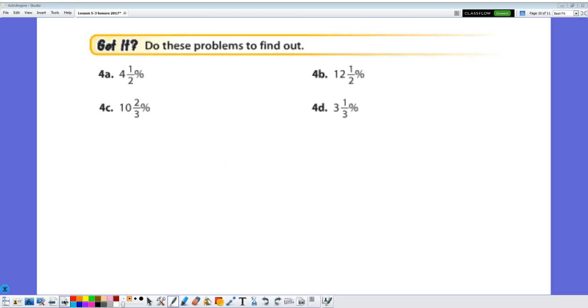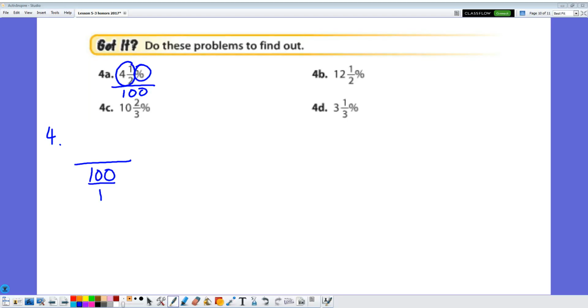Okay, last problems, I'm only going to do 2 of them. Okay, so I'm going to do 4A and I'm going to do 4D. Okay, if it's a percent, percents are always out of 100. Okay, so I'm going to make 100 a fraction by calling it 100 over 1 already.